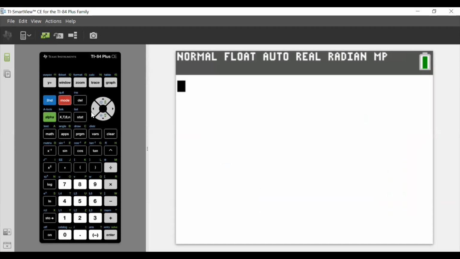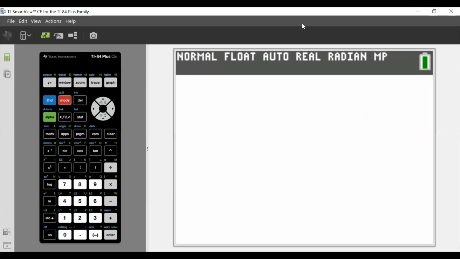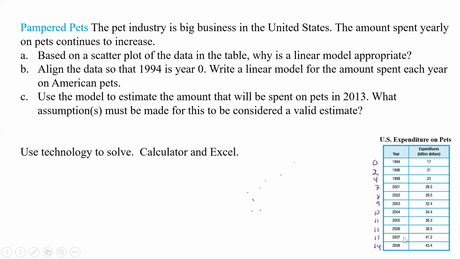So now let's go back here. And now what we're going to do is plug into that, what was it, 2013? Yes, so it's going to be another 5 years, so 19 years. So X is going to be 19.